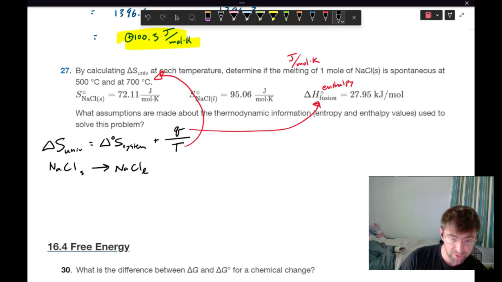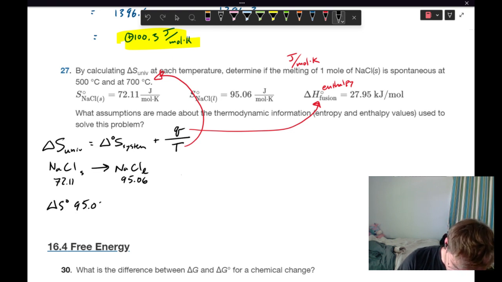But for our solid sodium chloride, we have a standard value of 72.11. And for liquid, we've got 95.06 joules over mole dot Kelvin. So our standard change is just 95.06 minus 72.11 gives us 22.95.